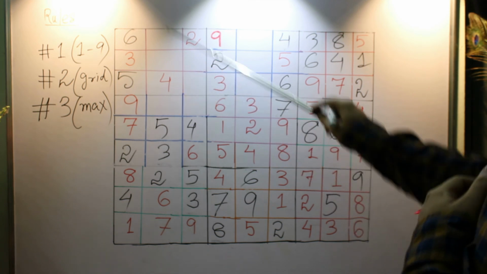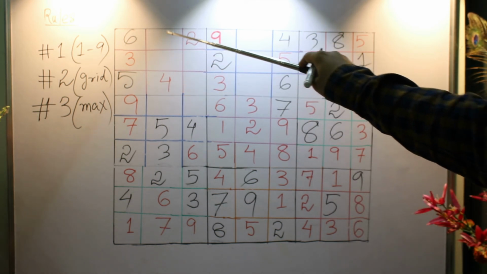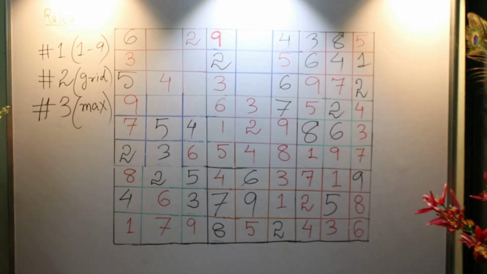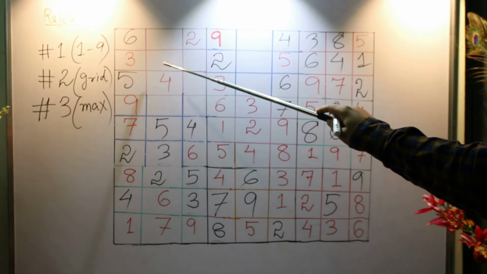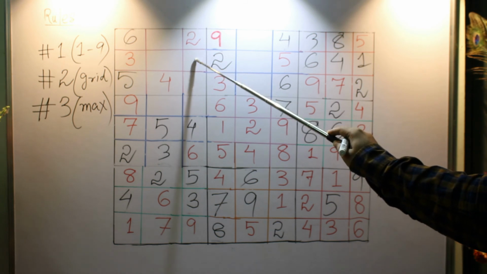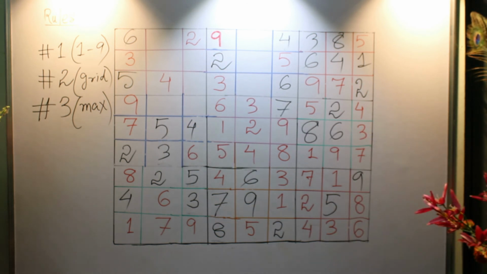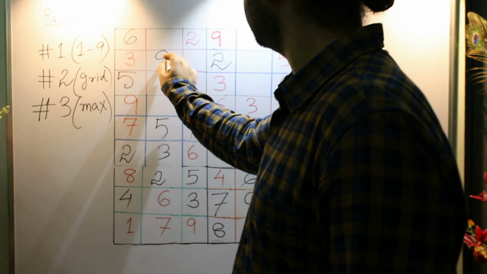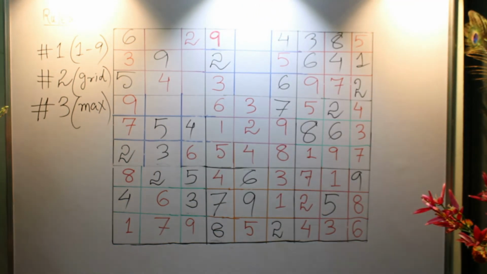Now, for this grid, you see, we cannot place 9 here because of this 9. We cannot place 9 here because of this 9. We cannot place 9 here because of this 9. So the only place for 9 is this. Right? Okay.